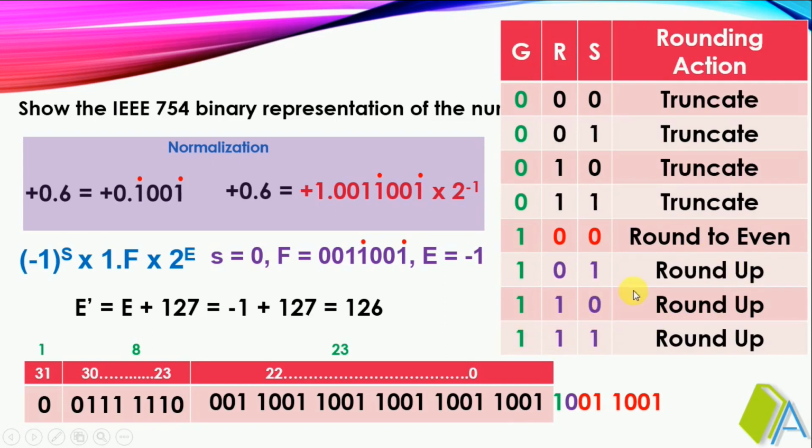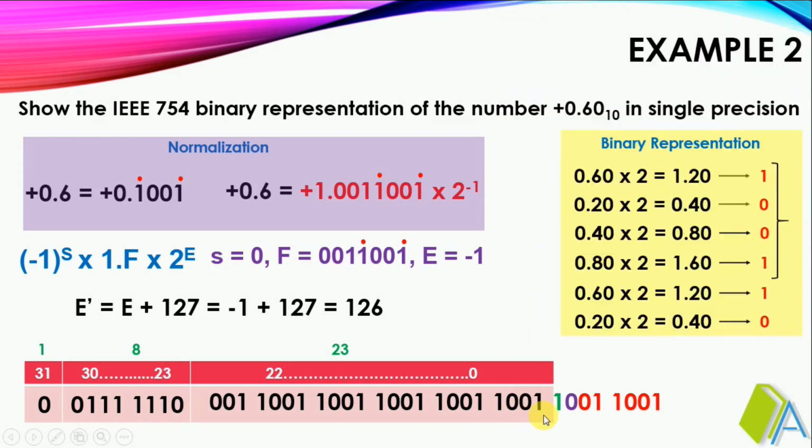At that time we have to perform rounding up by adding a logic 1 at the LSB of the retained bits. So we have to add 1 here, so it will become 10. So these will be the bits to be filled inside the fractional field.